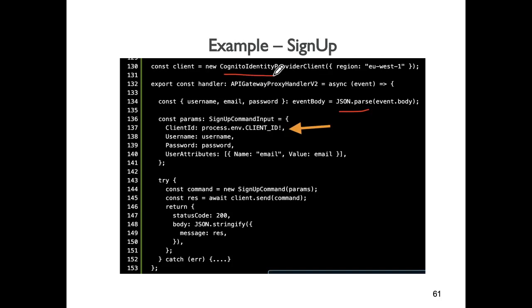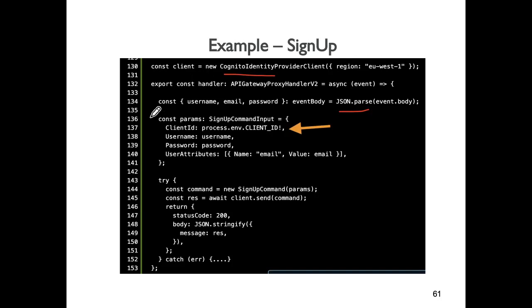Fortunately, many of the clients, not all, but many, are designed around the same sort of pattern, and you're familiar with this now from DynamoDB. The pattern is that your Lambda creates a command object and sends that command object to the particular client, which then passes on the equivalent request to the service, in this case Cognito.